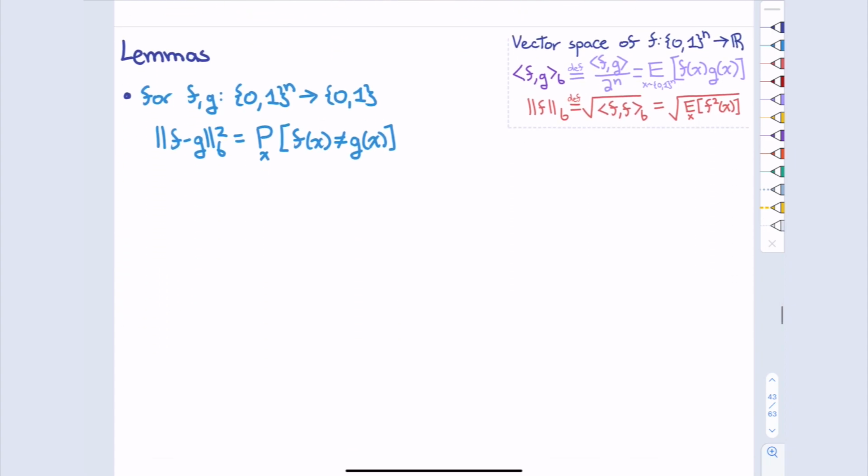All right, so from this you get lots of little clean rules. Here's one. If you give me two functions f and g that map to 0, 1, then the distance squared in this metric, which is this normalized Euclidean space, is exactly equal to the probability that f of x is not equal to g of x. You guys see why?